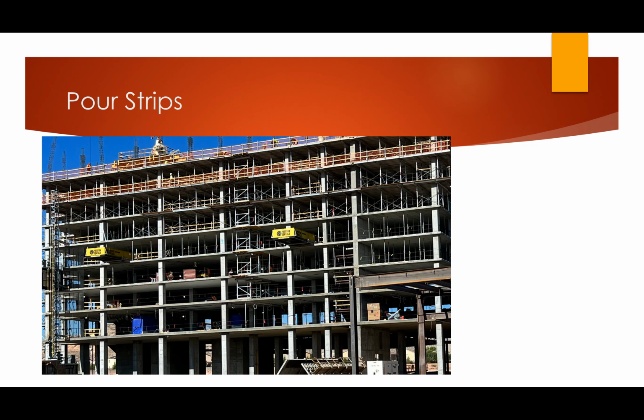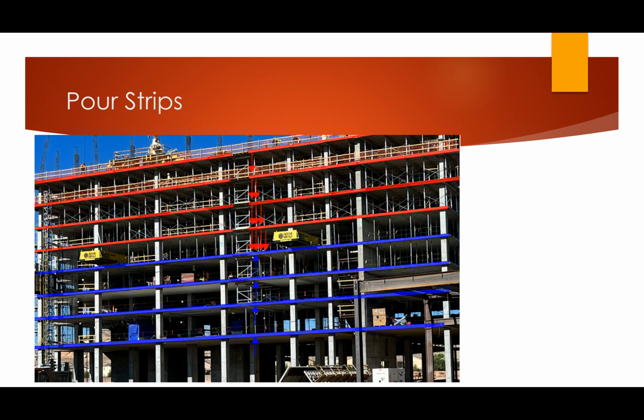So let's look at this picture. Again, you can see where the pour strip is, and immediately, I hope it's clear now that the backshoring condition at the pour strip was not properly done here by the contractor. Let me highlight what was and was not completed at this time, at least our best guess.